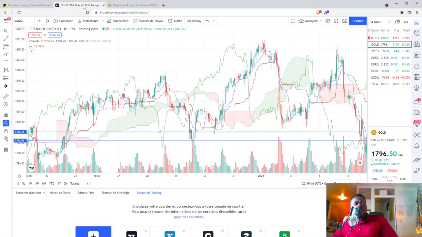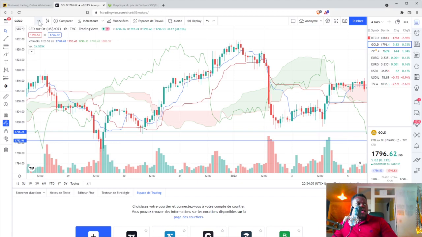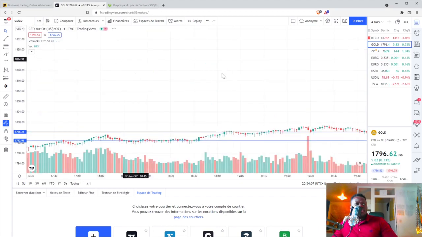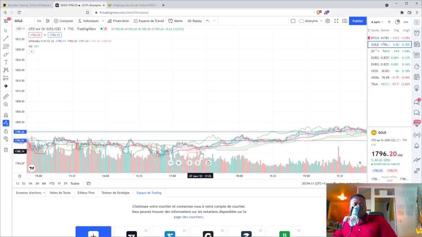You have Ichimoku too. As you can see, this is the Ichimoku, and I can show you that on a 1 minute time frame. You have some green cloud and red cloud, and you have some lines too. All the lines and clouds can be used as support and resistance levels.